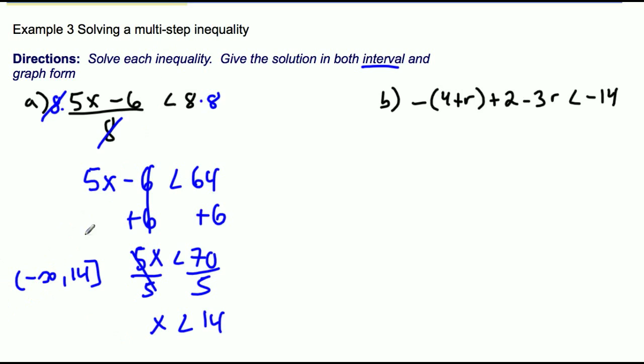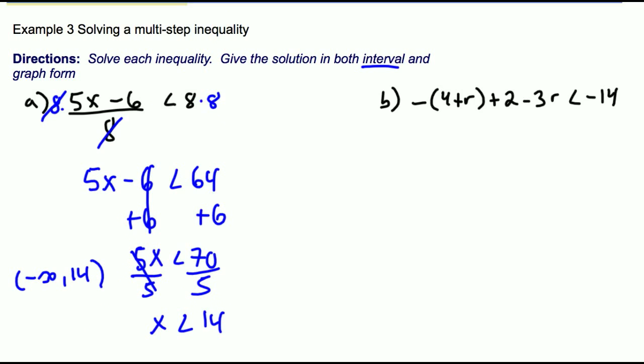That's what we should have, because it goes from negative infinity to 14. It says right here x is less than 14, so all numbers that are less than 14. Oh, so in that case, this would be a parenthesis, because 14 is not included. So let's change that to a parenthesis as well. So this one won't have any brackets at all.